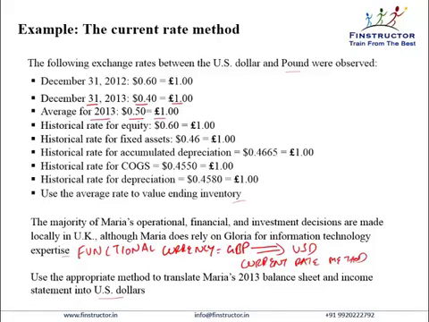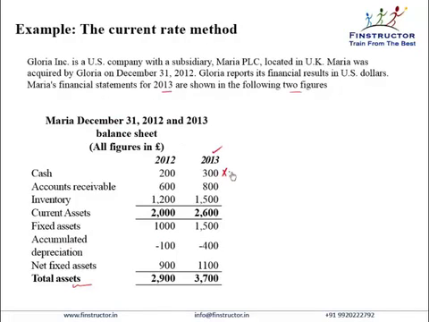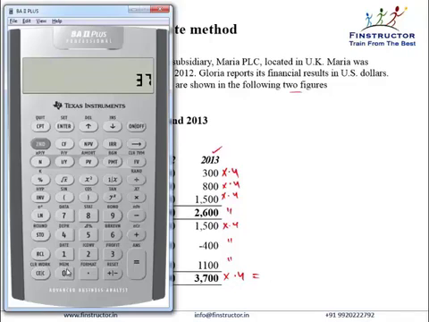So we'll multiply the pound number by 0.4 to get our asset values. So 300 into 0.4, and the total assets will also be multiplied by 0.4 to give us the total assets in USD, which will come out to be 3700 into 0.4, that is $1,480.